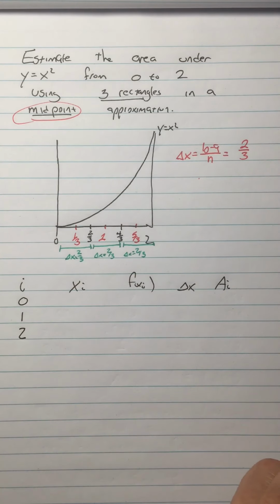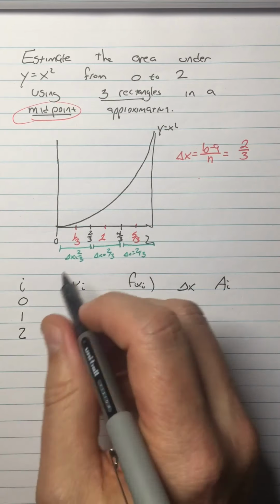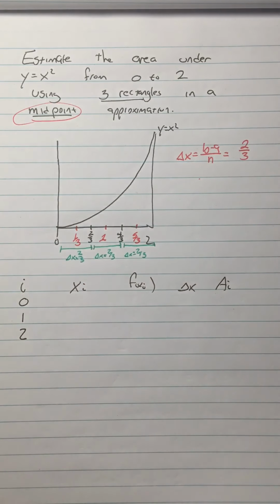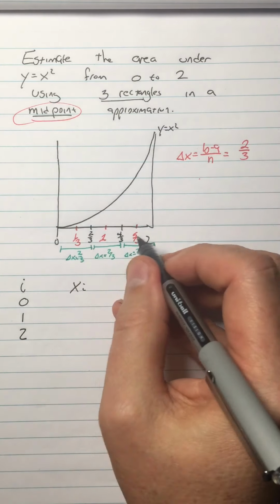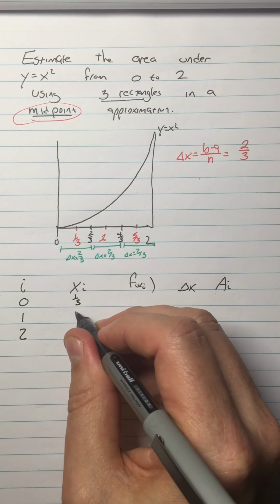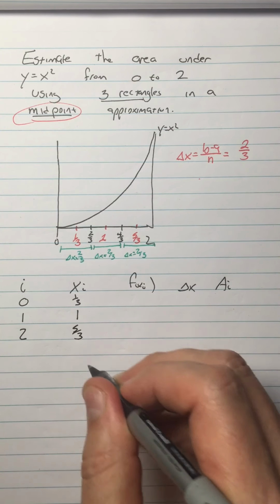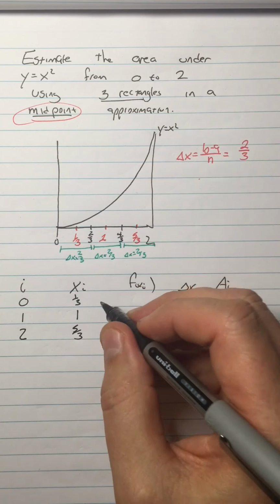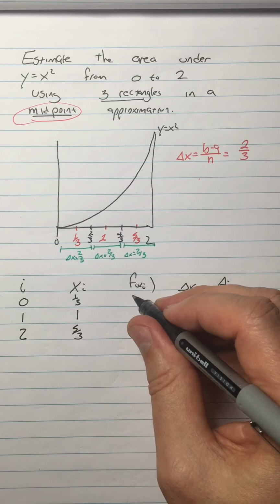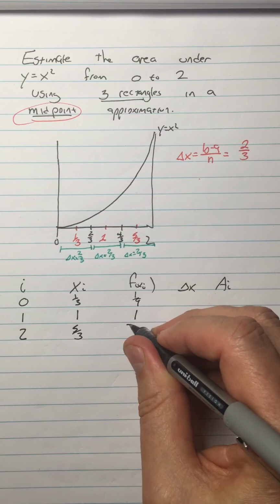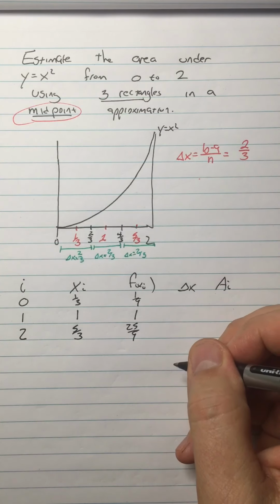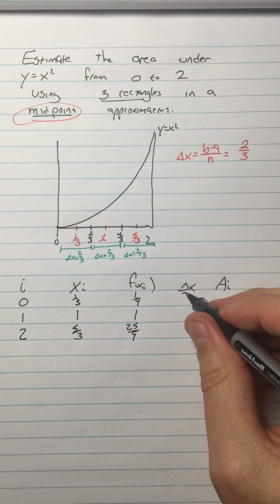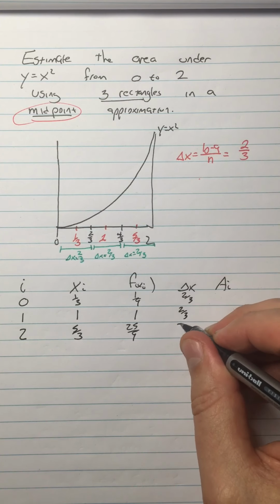That's the part that's a little bit arbitrary, because I could call them 1, 2, and 3. I'm not really using either endpoint at all. So my x sub i's are 1/3, 1, and 5/3. And then my f of x sub i, I'm still using y equals x squared, so I get f of x by squaring the number. So I have 1/9, 1, and 25/9. My delta x remains 2/3 throughout, 2/3, 2/3, 2/3.